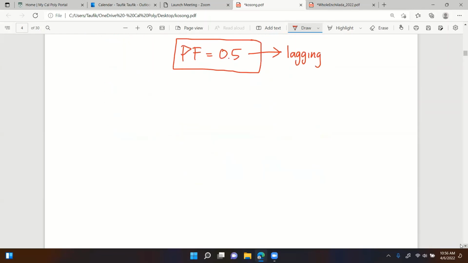What if I have this case? What is the power factor of this? Is it going to be 0?